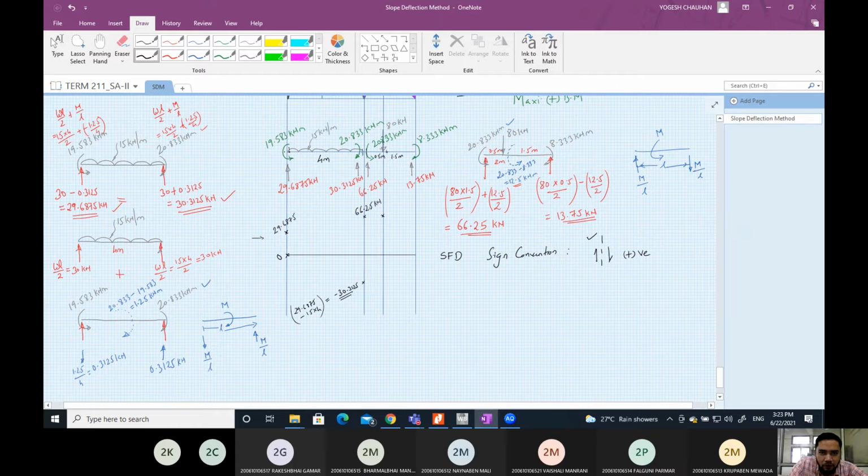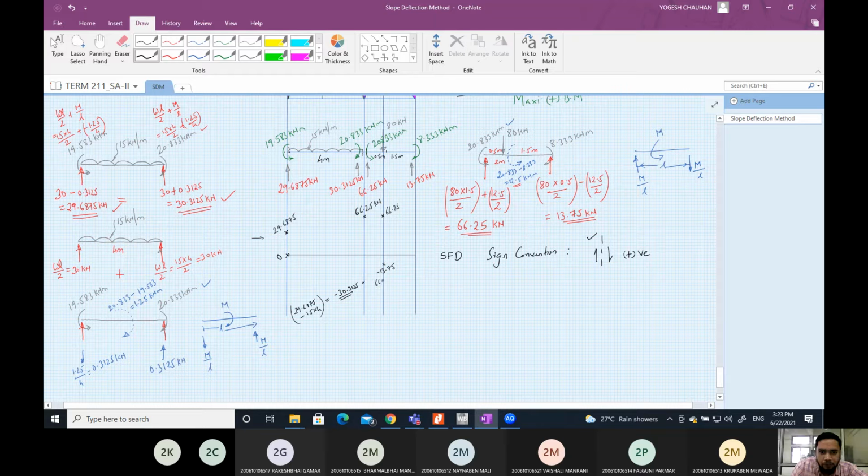But as we cross this point load, this 80 kilonewton will be acting in downward direction. So at this point it is 66.25, and just to the right of this section it will be 66.25 minus 80. So 66.25 minus 80, that will be minus 13.75. So it will be somewhere here, minus 13.75. How come this value?